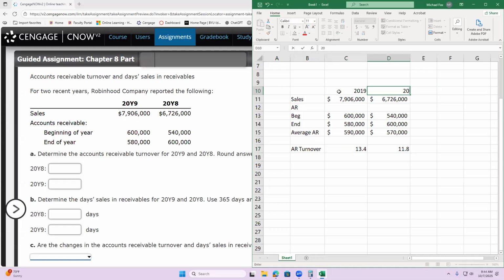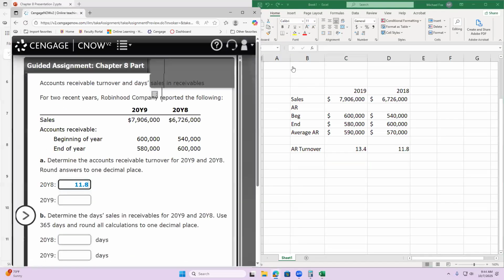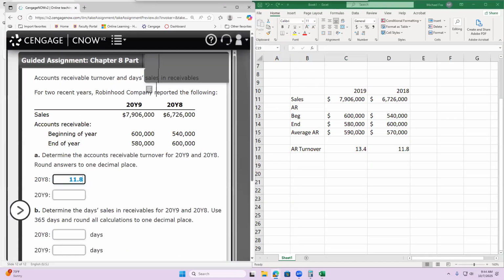Okay. So we could see that our accounts receivable turnover in 2018 was 11.8, and in 2019, it was 13.4. So what does that mean? What do you think?